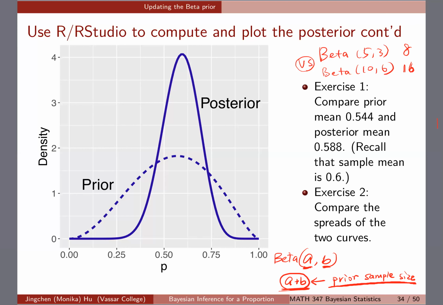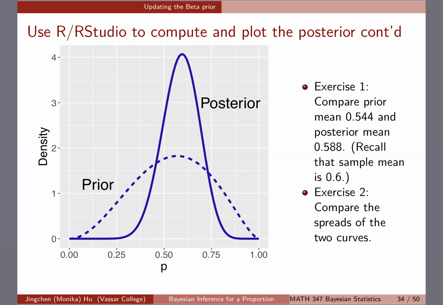Yeah. Related to this, let's move to the point that I want to spend time on: how we can see that the posterior mean is a weighted average of the prior mean and the sample mean. Remember, the prior is Beta(A, B), and the mean of that beta distribution is a known property of the beta.